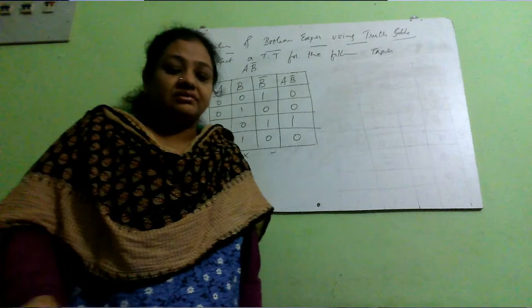There is a complement of B, so that is B bar. So first we will take those variables as columns, A and B. Then we will see, is there any complement? There is, that is B bar. So we will take the complement of that. And then A we have and B bar also we have. Then we can add the A and B bar column.